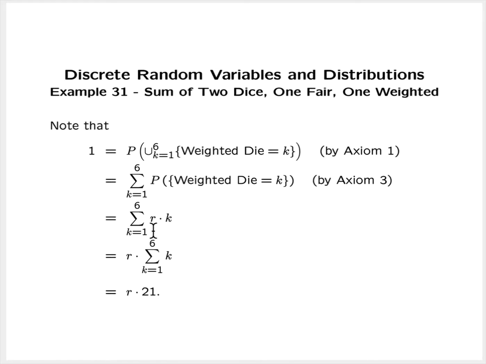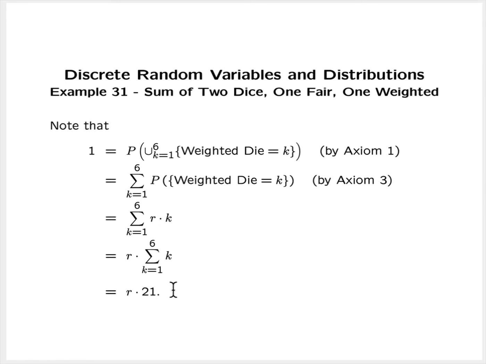Now R does not depend on k, and so we can pull R out of that summation. We're left with R times the sum of the k's, k going from 1 to 6.